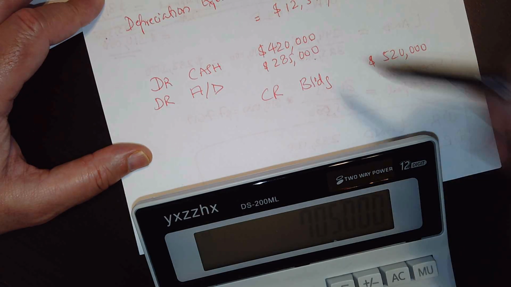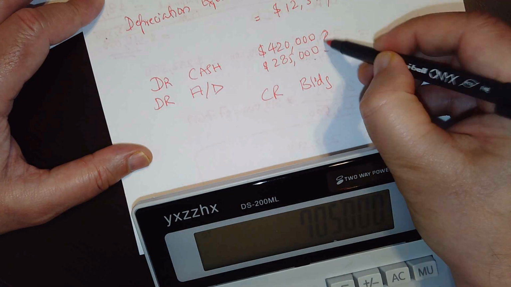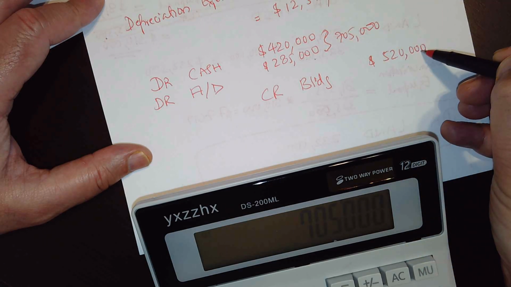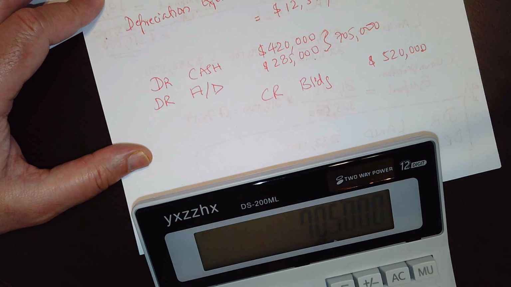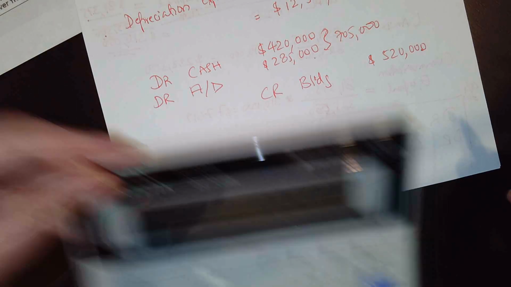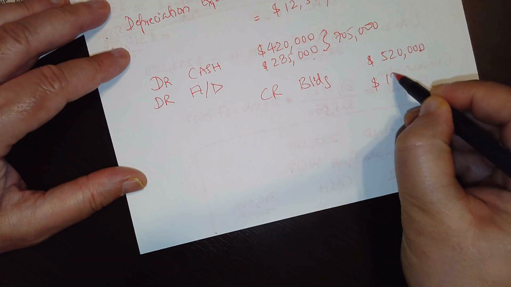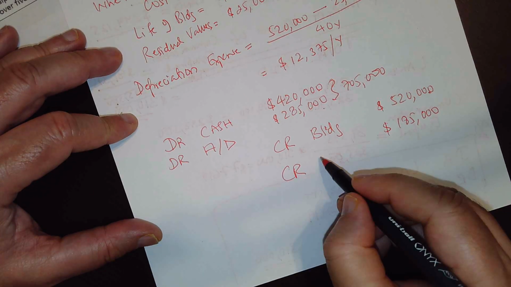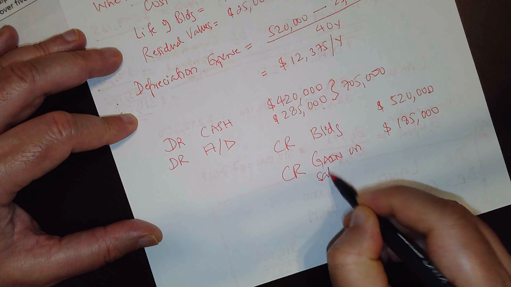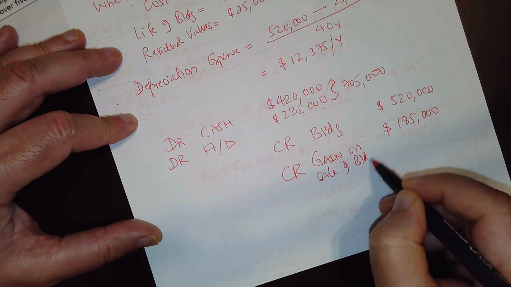So that's the total of these two, 705,000, and we have 520,000 on this side. So we're going to subtract 520,000. That gives us 185,000. So what is this? This is our gain on sale of building.